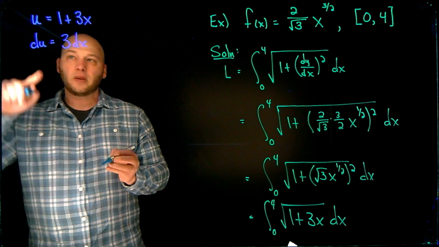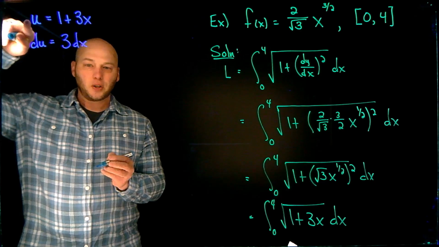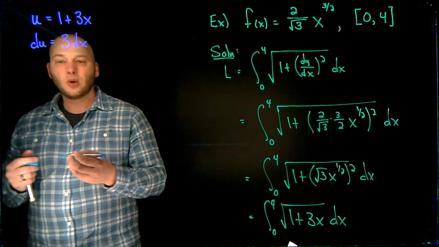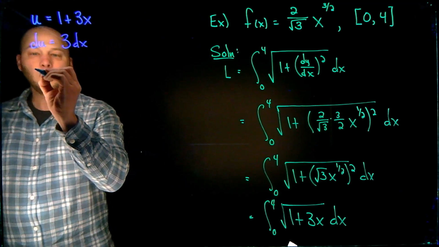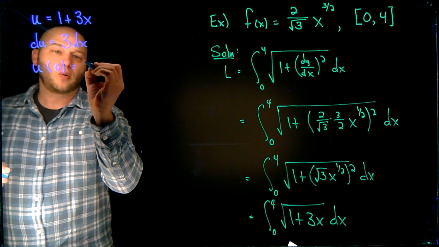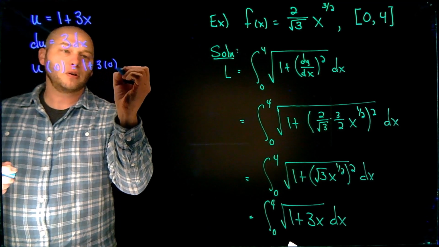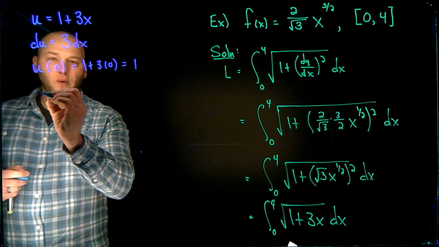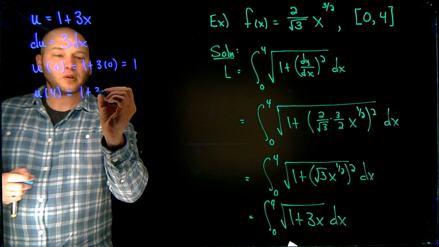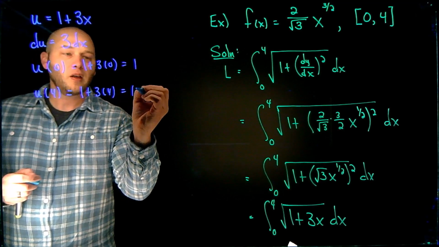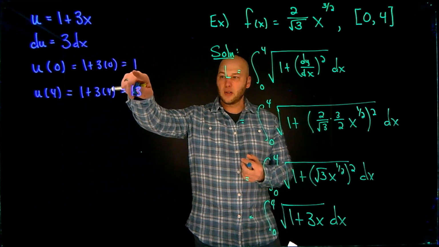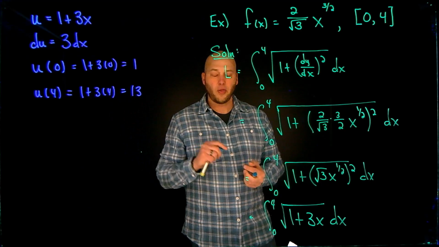We think of u as a function of x, and these are the x values, so to find the corresponding u values, we simply plug those in. u evaluated at 0 is 1 plus 3 times 0, which is 1, and u evaluated at 4 would be 1 plus 3 times 4, which would be 13. So for my integral with respect to u, my limits of integration will be 1 and 13.